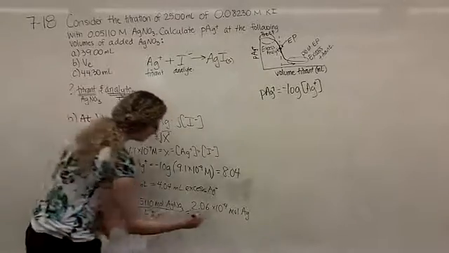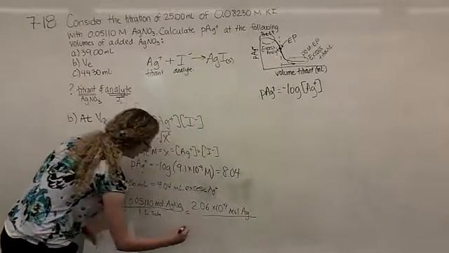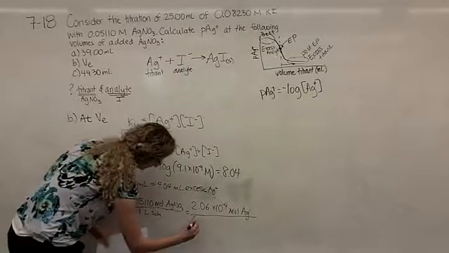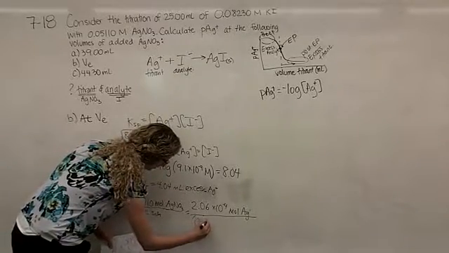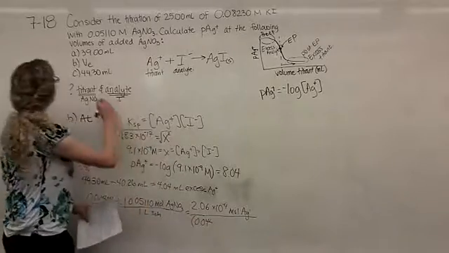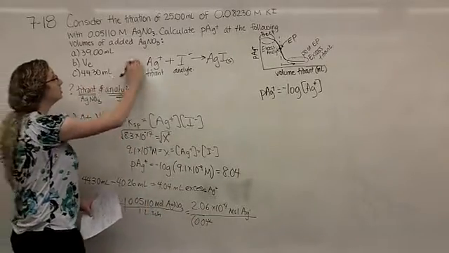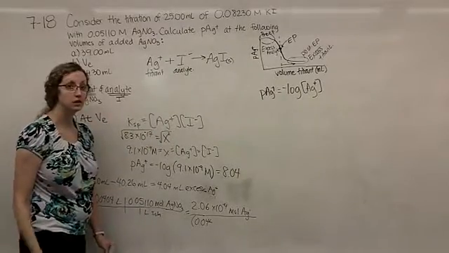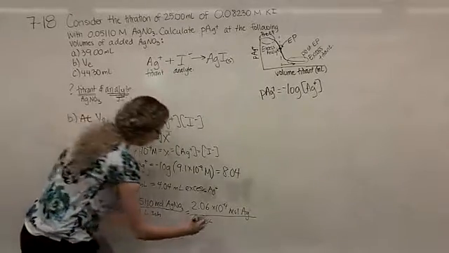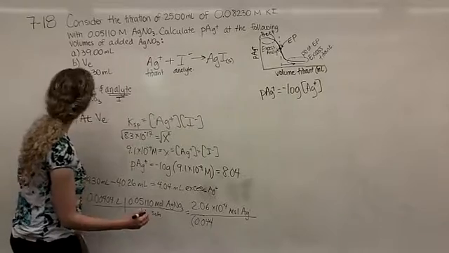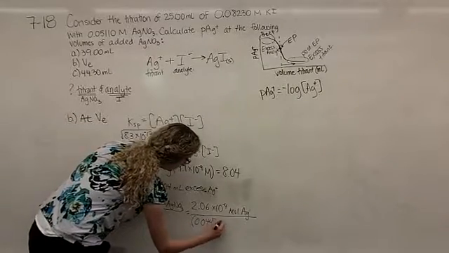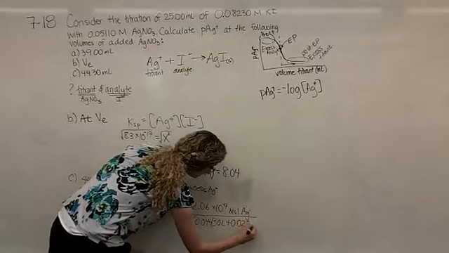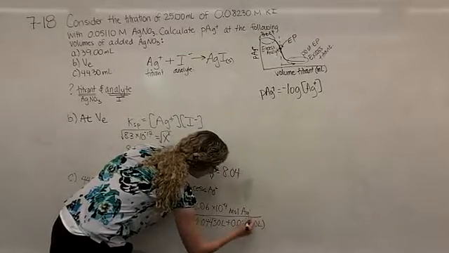And then divide by our total liters, which is going to be, in this case, 0.04430, the volume here, plus the volume 25.00 milliliters, and put them in liters. So 0.04430 liters plus 0.0500 liters.